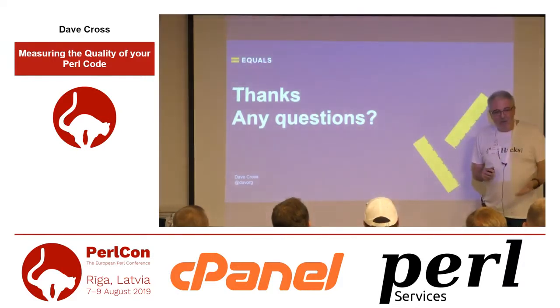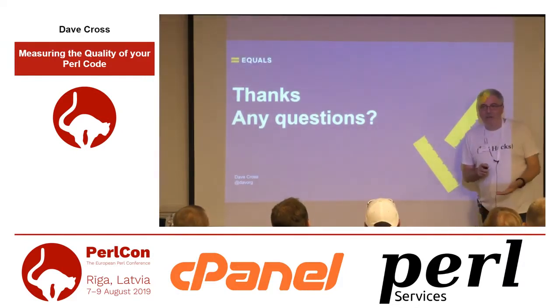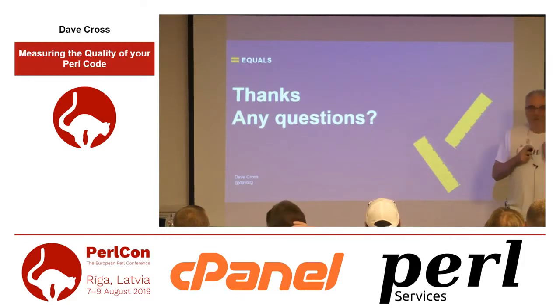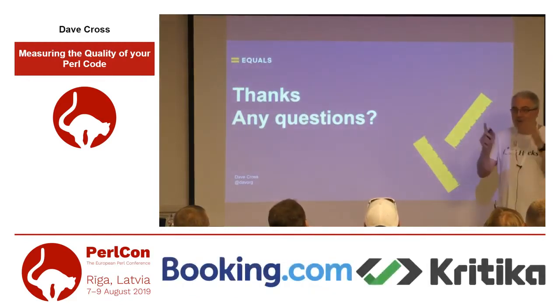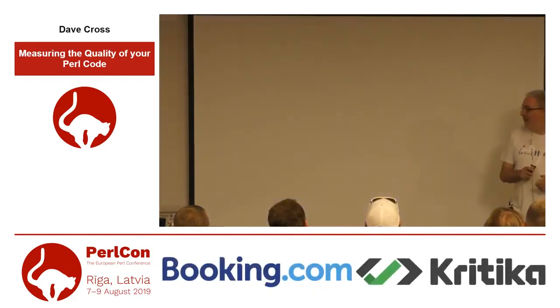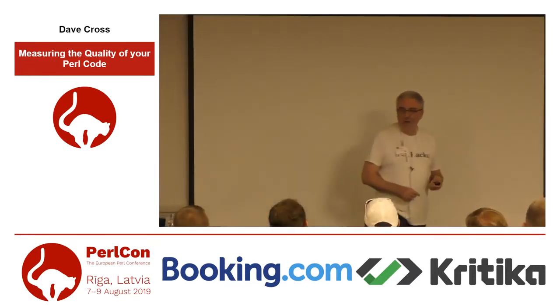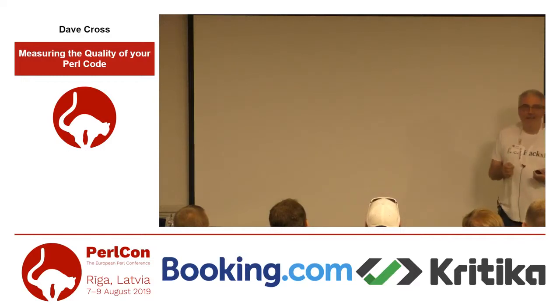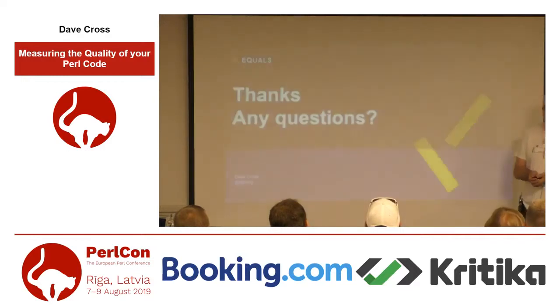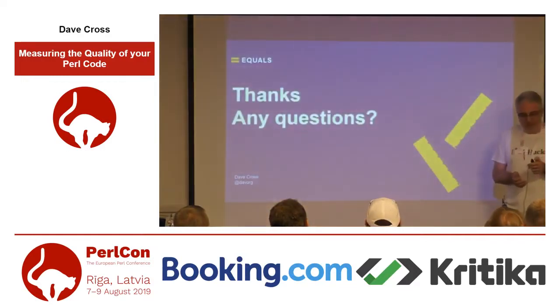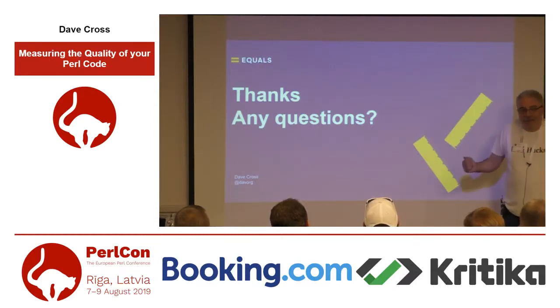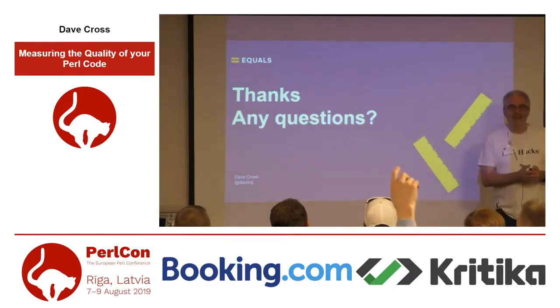And I have been guilty of setting aside a weekend to improve my quality scores without necessarily improving the actual quality of the code. So yes, people can game the system, but I guess you just need to trust your developers. If you don't trust your developers, then hire better ones. I don't know. Anyone else?